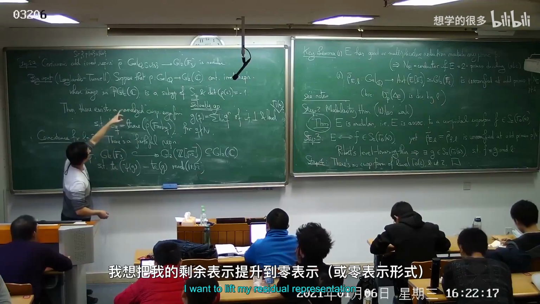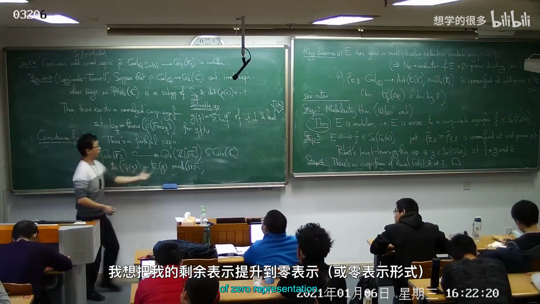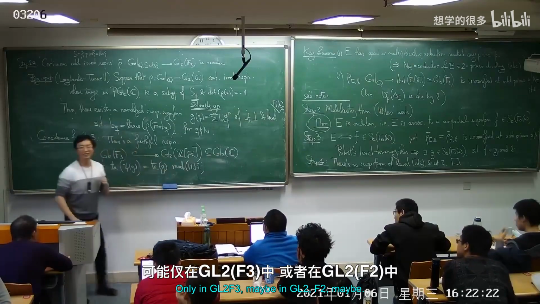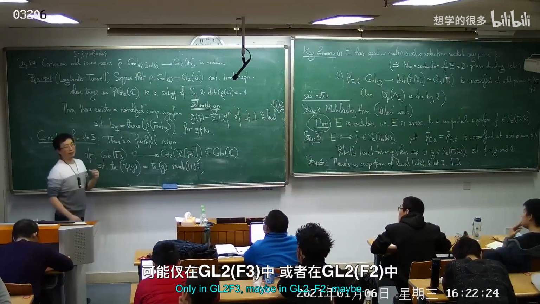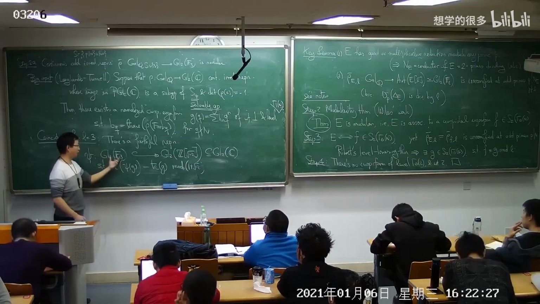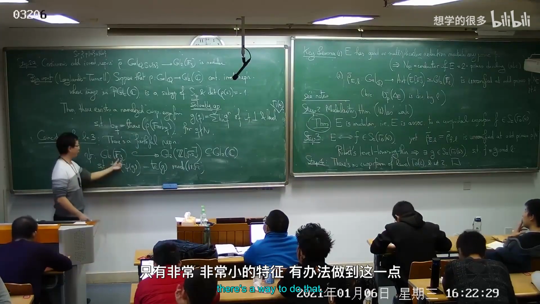I want to lift my residual representation to a characteristic 0 representation. Only for GL2(F3), maybe GL2(F2), only in very, very small characteristics is there a way to do that.